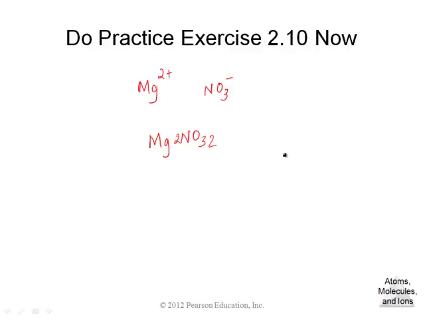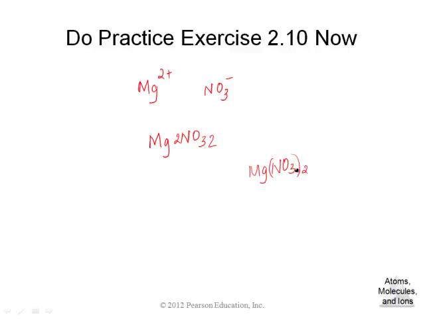So we will write Mg(NO3), with NO3 in parentheses, and how many NO3s do we need? 2, so write that 2 outside. So now there is no confusion. This means 1 Mg and 2 NO3s. Charge is again balanced. 1 Mg is 2+, 1 NO3 is 1-, so 2 NO3 is 2-.